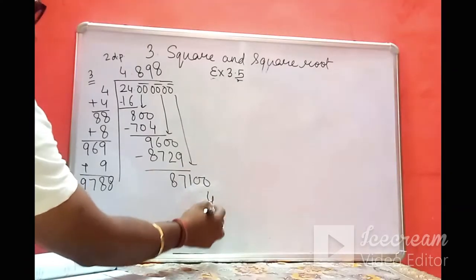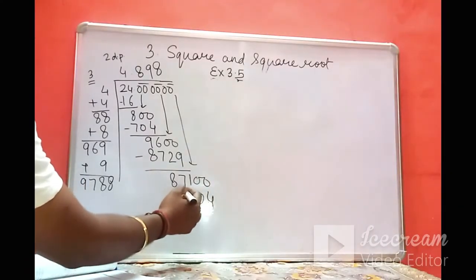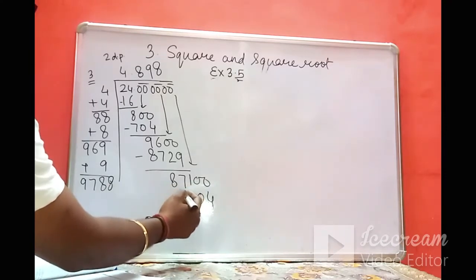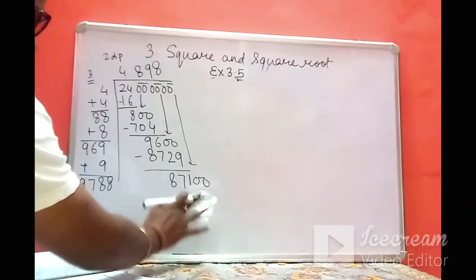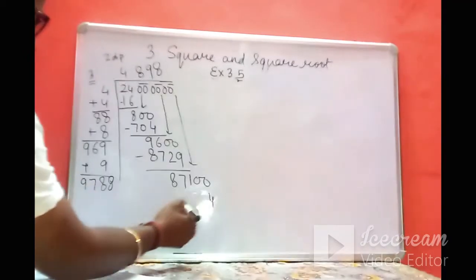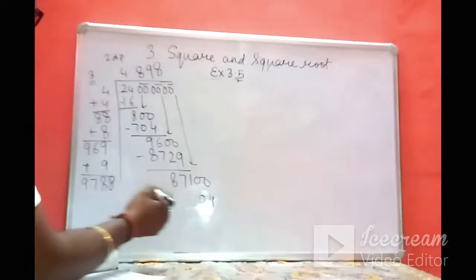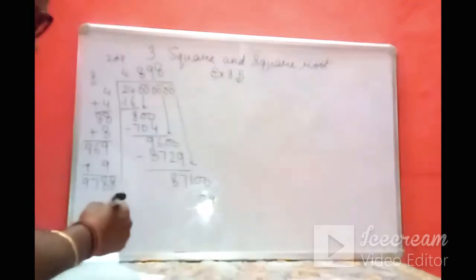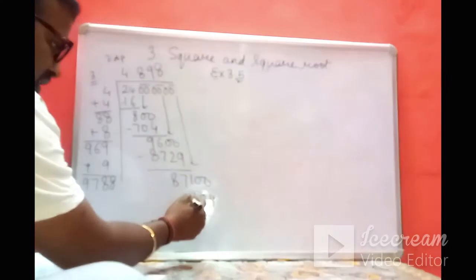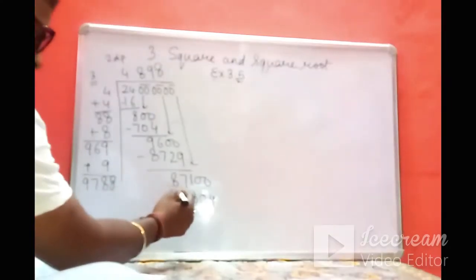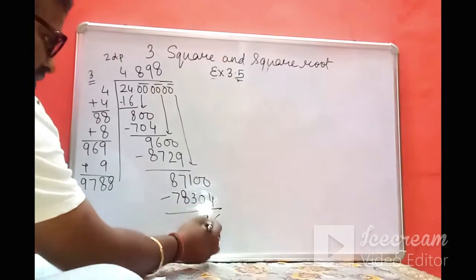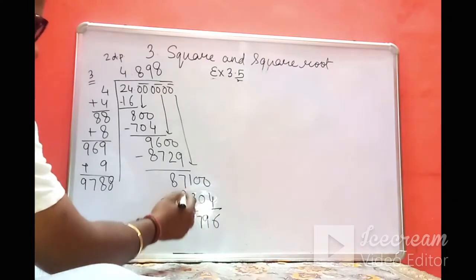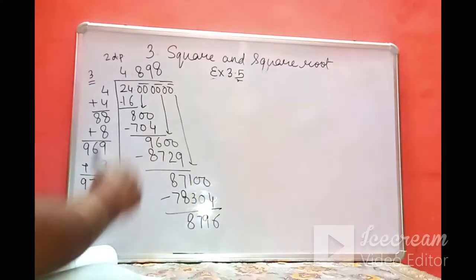So it is 64, 670, 7. 8 into 8, 64, 6, 64 and 6, 70. 7 will come here. 8 into 7 is 56 plus 7, 63. 8 into 9, 72 and 6, 78. 9 7 8.